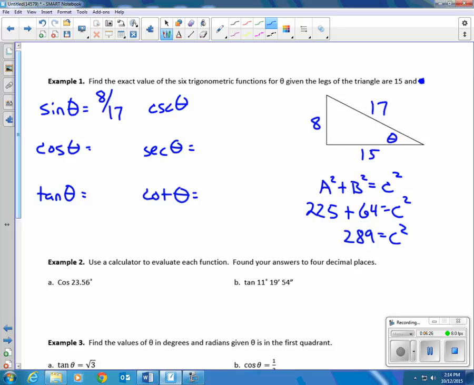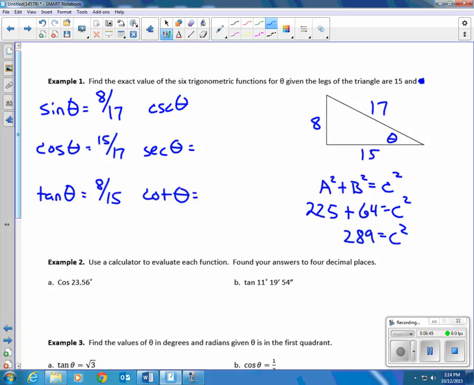What is cosine in terms of opposite, adjacent, and hypotenuse? Adjacent over hypotenuse. So it is 15 over 17. Tangent is opposite over adjacent, so 8 over 15.